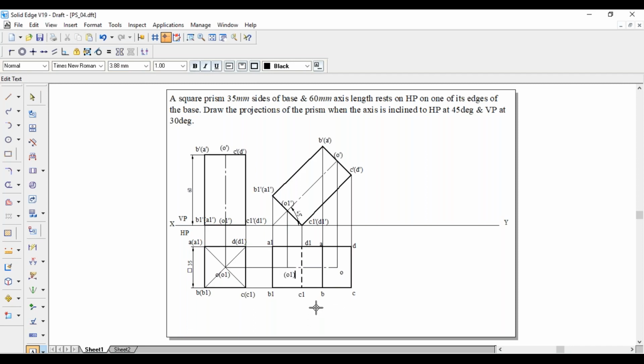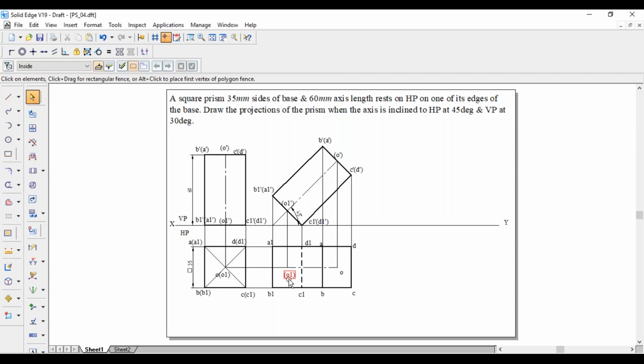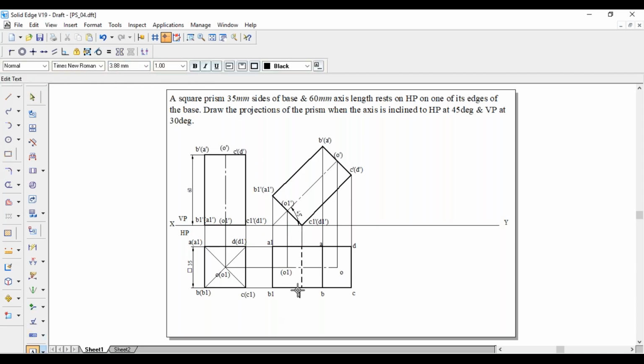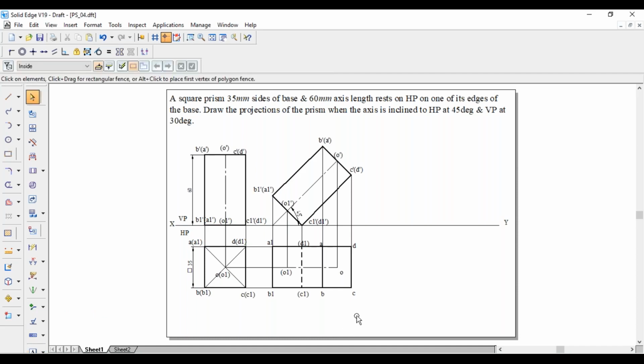And here C1 and D1 are far away from the observer, so both C1 and D1 we have to write in the bracket. This completes the second position.